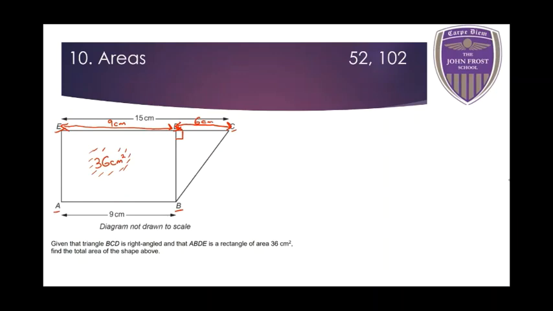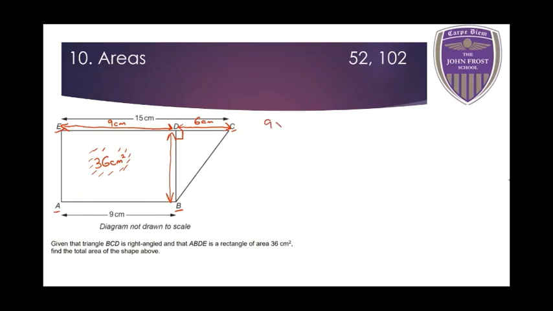Okay. Now we need to find this missing length here. We need to find the missing length DB. Okay. So let's just keep track of what we know. Let's keep this a bit tidier. Okay. So we know that's 6 centimeters. Now we need to figure out this bit here. Think about this now.